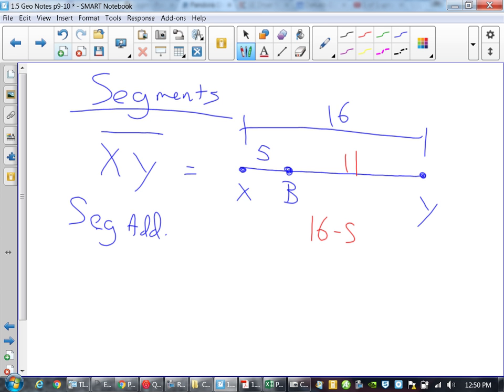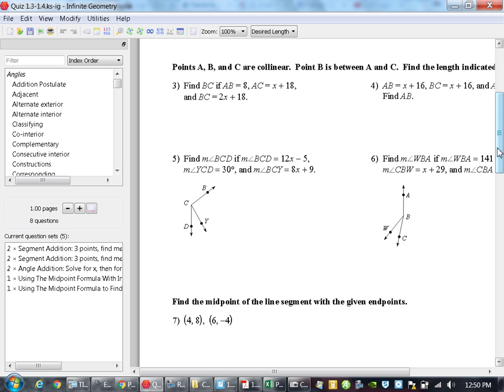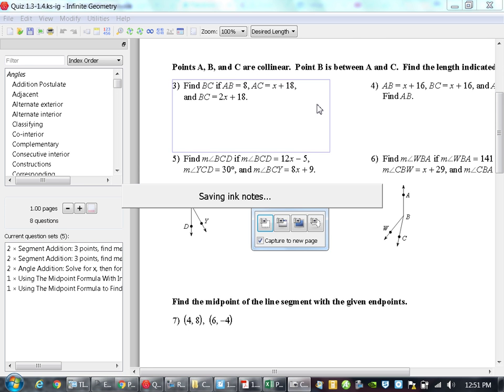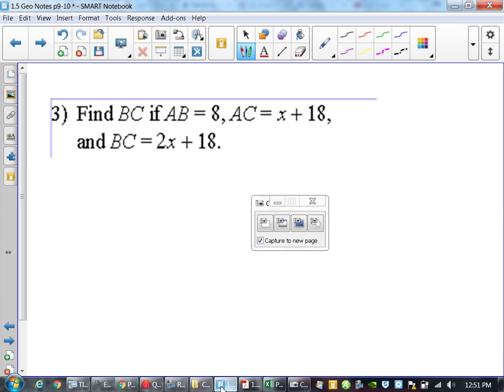For example, point B is between A and C on segment AC.